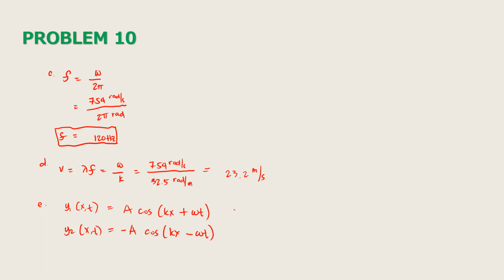So this one is traveling in the positive x direction, while the reflected wave is traveling in the opposite direction.